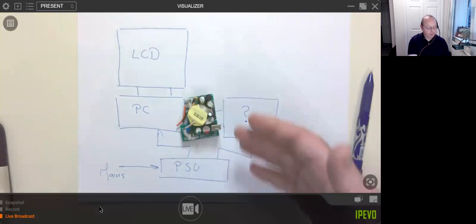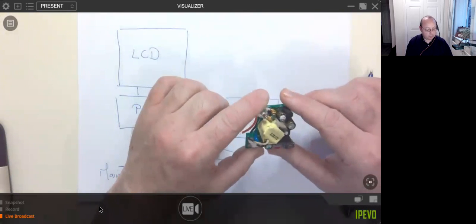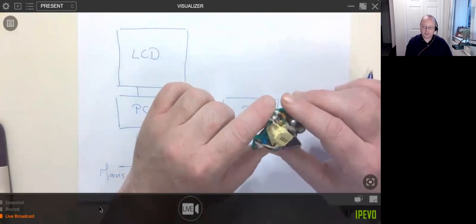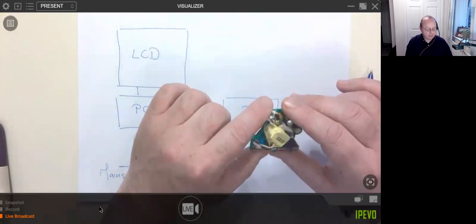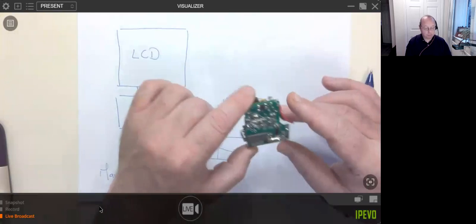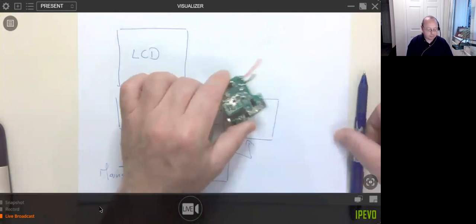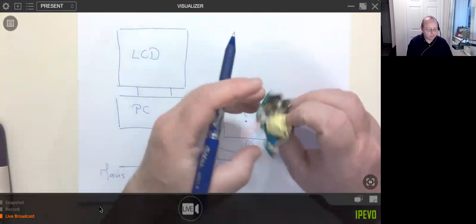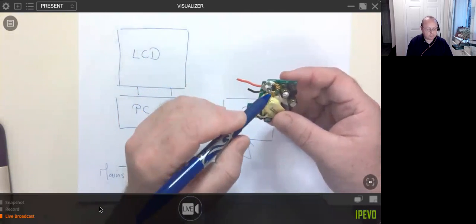Yeah, we've asked these people, how did you pass your 2 kilovolt testing when we can't see any protection? This is the actual board here. As you can see, red and black, that's the mains coming in. It goes to a fuse. Then it goes through this common mode choke for noise.